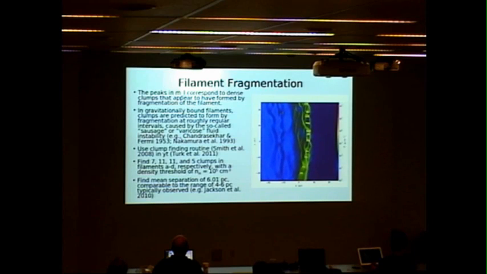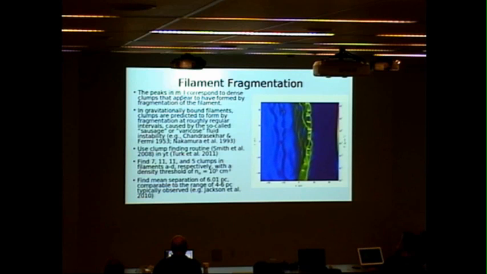So in gravitationally bound filaments, it's predicted that these clumps or cores will form at roughly regular intervals. To see whether our filaments agree with this, we can define a sample of clumps using the clump finding routine built into yt.